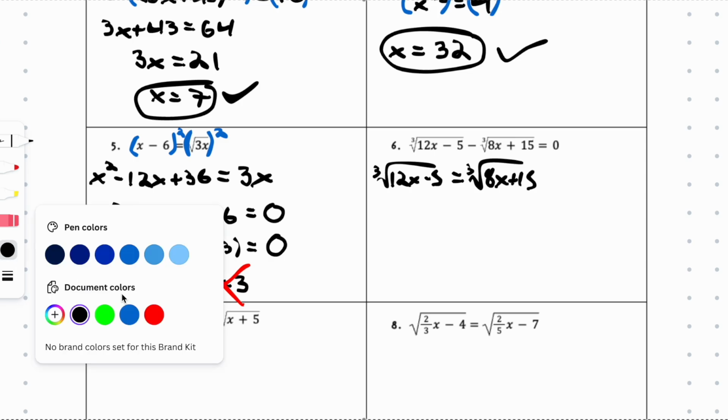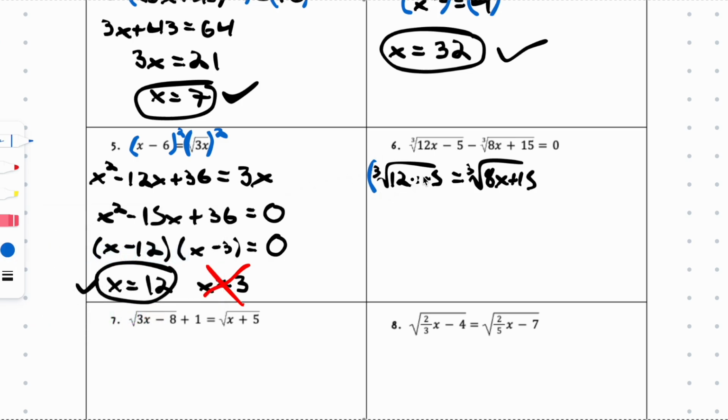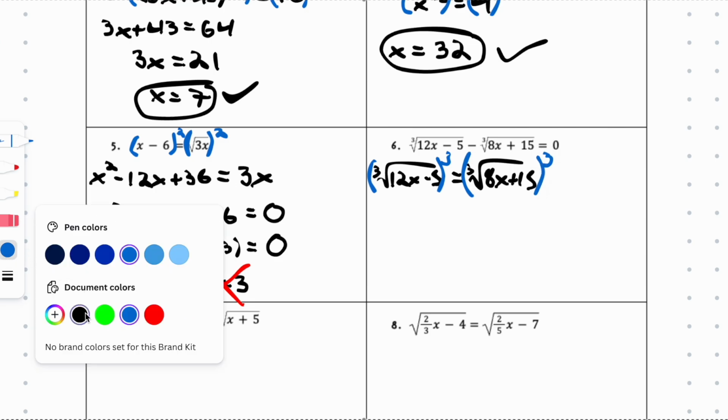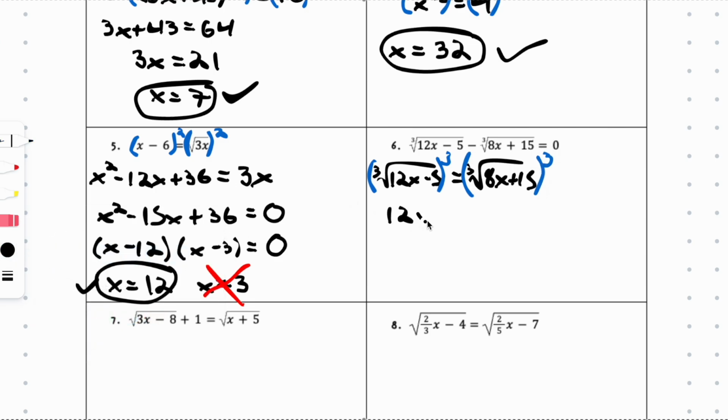We have the third root on both sides, so this actually isn't that bad. We raise both sides to the third power, and we end up getting 12x minus 5 equals 8x plus 15. Now we just solve. I'm going to do 2 steps at once. I'm going to subtract 8x from both sides, so we get 4x. I'm going to add 5 to both sides, so we get 20. We divide by 4, we get x equals 5.